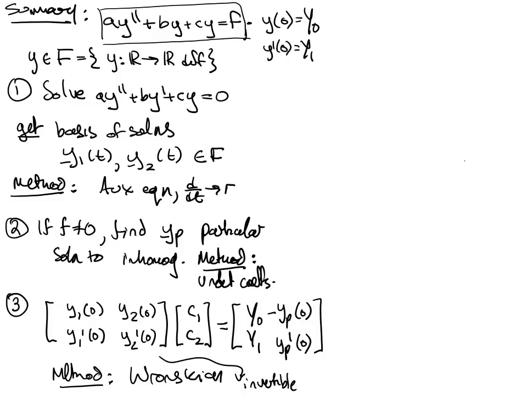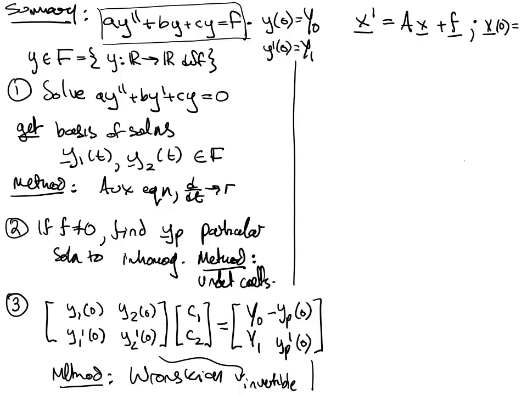Okay, so that's a summary of the workflow for solving a system of second-order differential equations. Now let's compare this to what it is for solving a system of first-order ODE, which looks like x prime equals Ax plus f, possibly with some initial condition that at 0 the vector is equal to some fixed vector x naught.